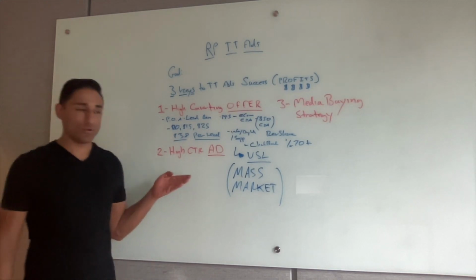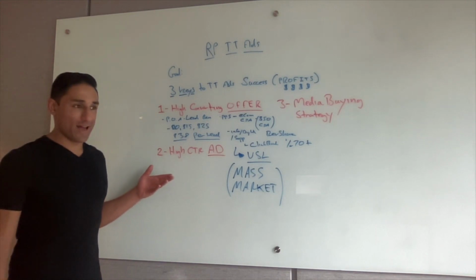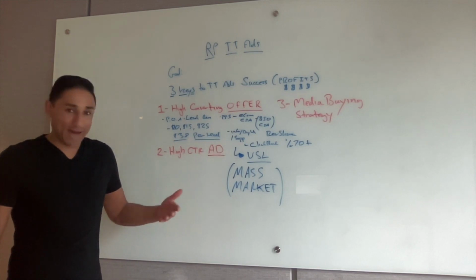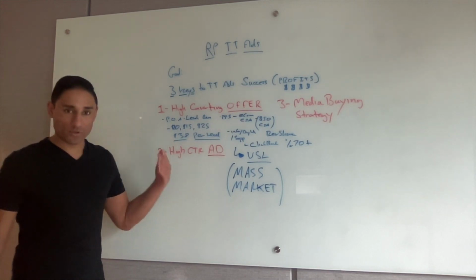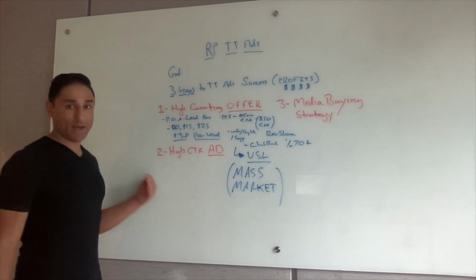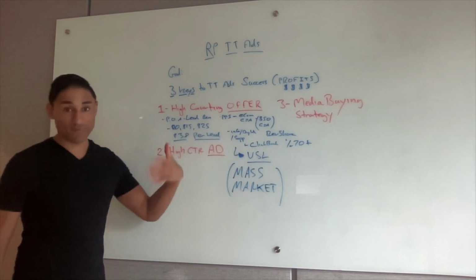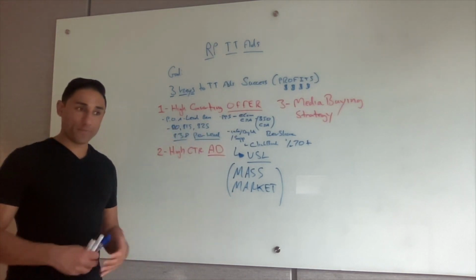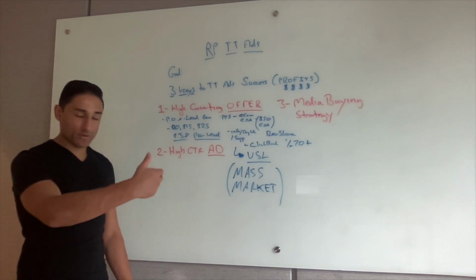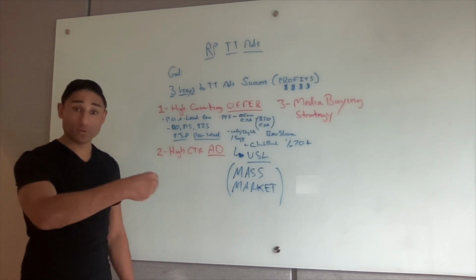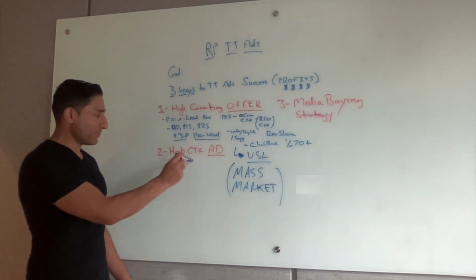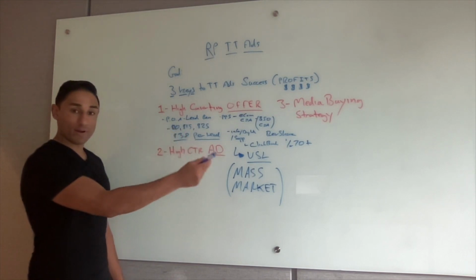Because you could get a super high click-through rate, however, the offer is incongruent to what the people clicked the ad to find out about, and therefore you're not going to be getting enough throughput, meaning the amount of people that click the ad and then go through and fill out the form. So you need to have a high click-through ad, but also a high converting ad, meaning a high amount of people that click the ad, go through the offer and convert, okay?